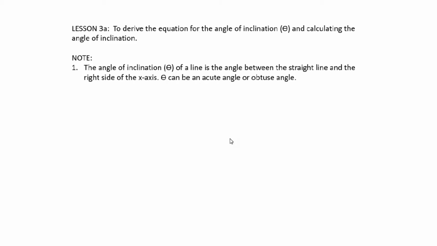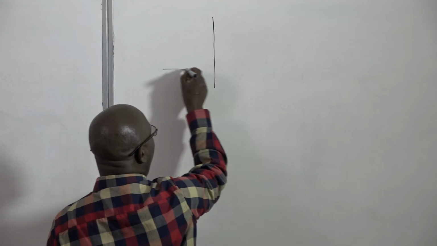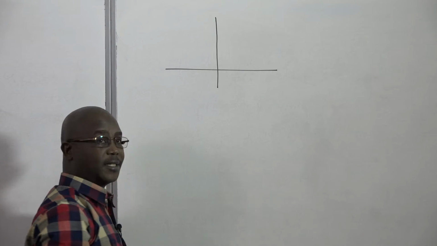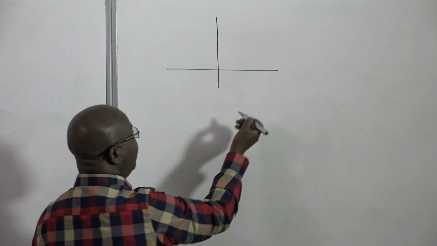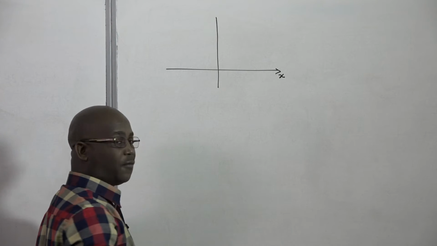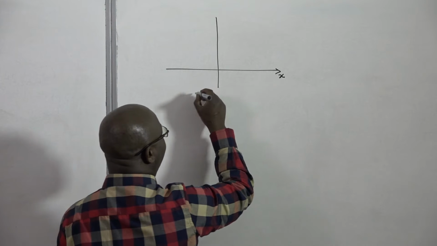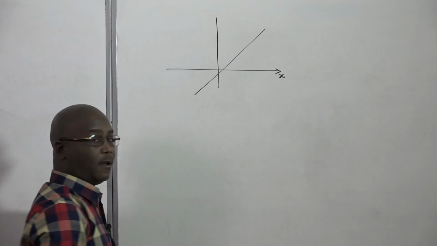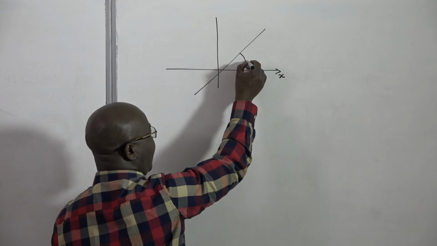Let me show it on the board. If I have my Cartesian system like that, and this part is the positive side of the x-axis, then if I draw a line, that new line creates an angle.